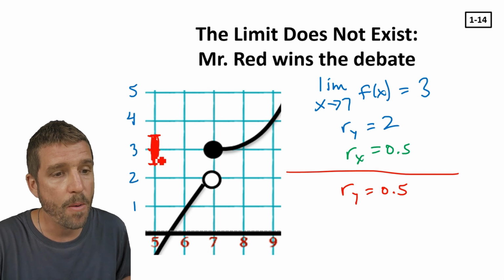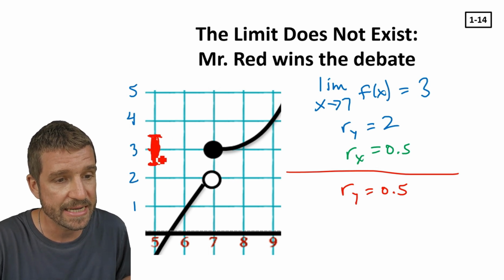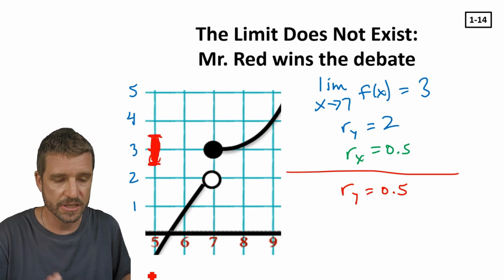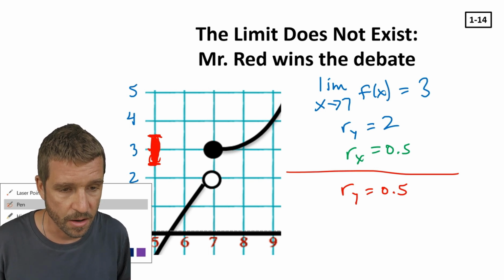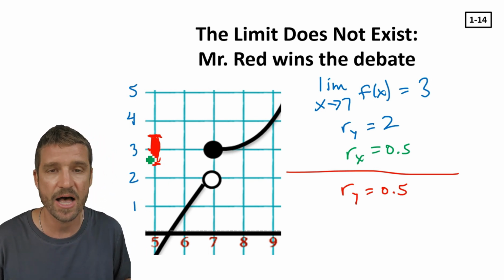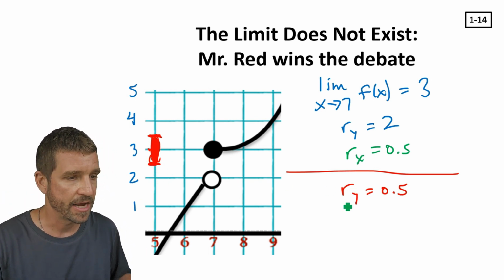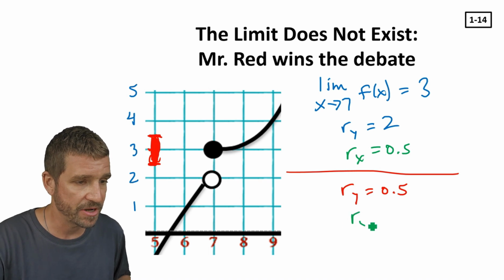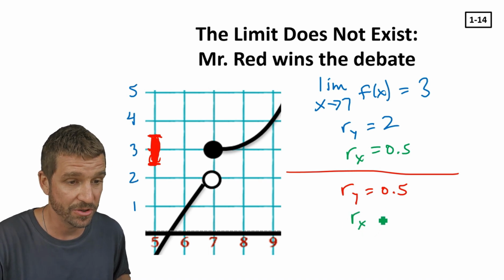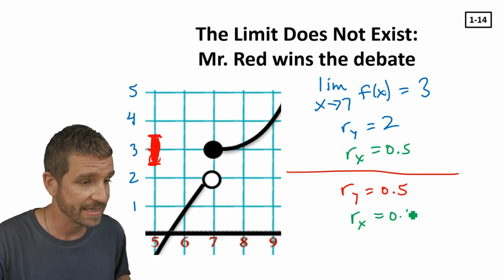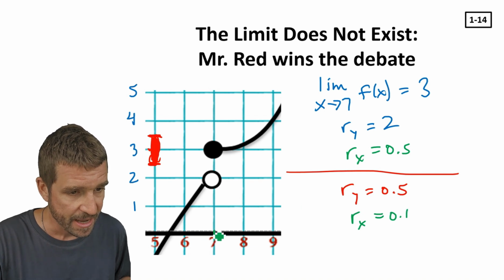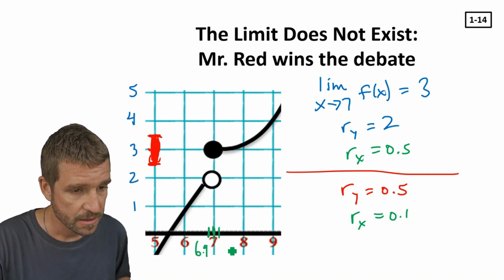Okay, so now Mr. Green needs to give an r sub x such that all x values correspond with y values within that gap. All right, so let's say he's like, okay, I know this is going to be difficult. Let me try a really small one. R sub x equals 0.1. And that means that he's going from like 6.9 to 7.1. All right.